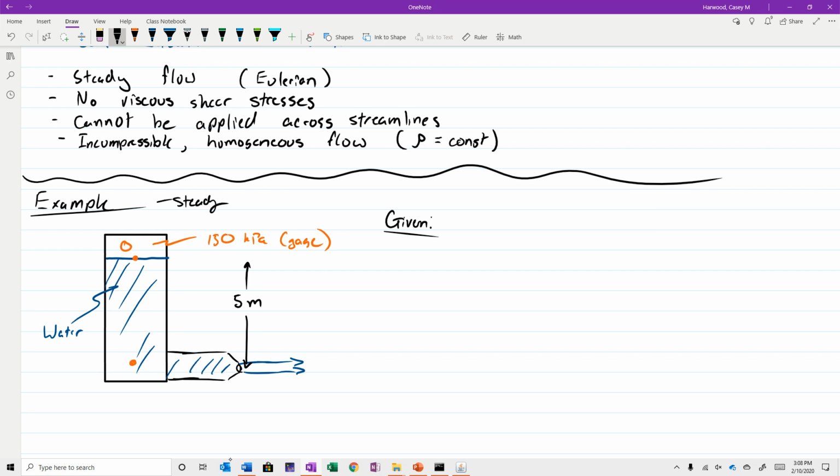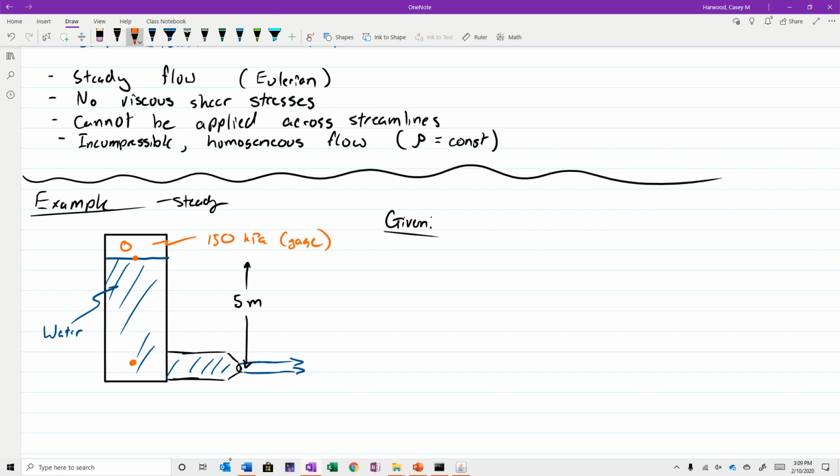You're safe to assume flow is steady in every problem you're given in this class, unless you're told otherwise. We're going to assume that it's inviscid. Are we crossing any streamlines? Not necessarily. It's safe to assume that a fluid element that starts here at the top is eventually going to find its way out through the exit of the system, so some streamline is going to connect those two. And between these 2 points, is the fluid density constant? Yes, it is.